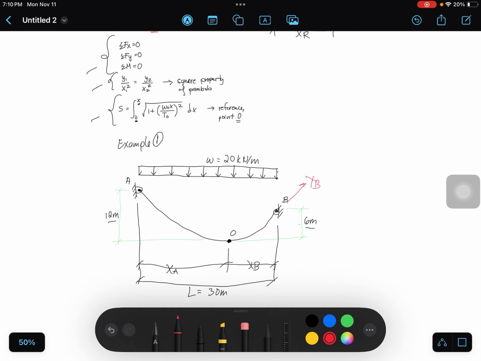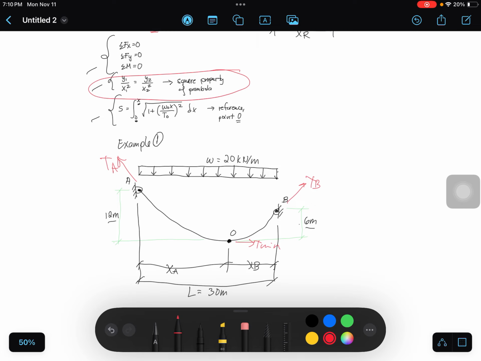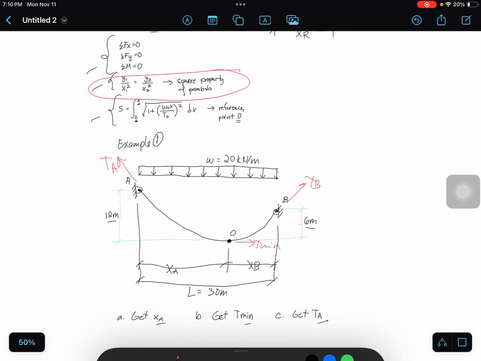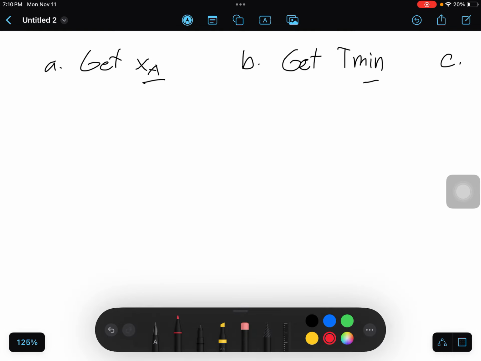Wala tayong TB, wala tayong TA. Well, may T minimum dito, wala rin naman T minimum. So, meron tayong square property.